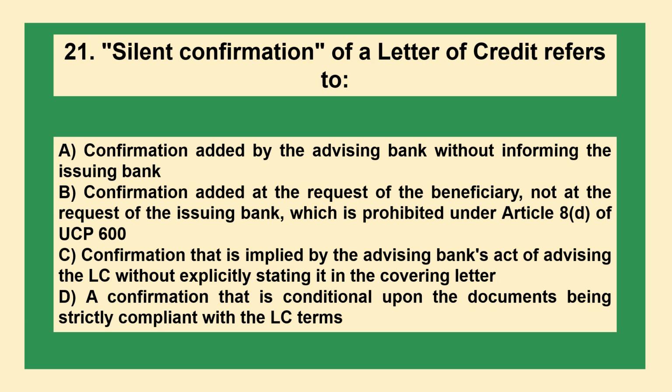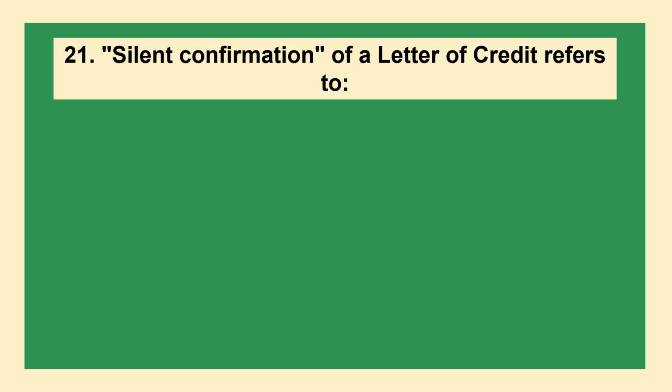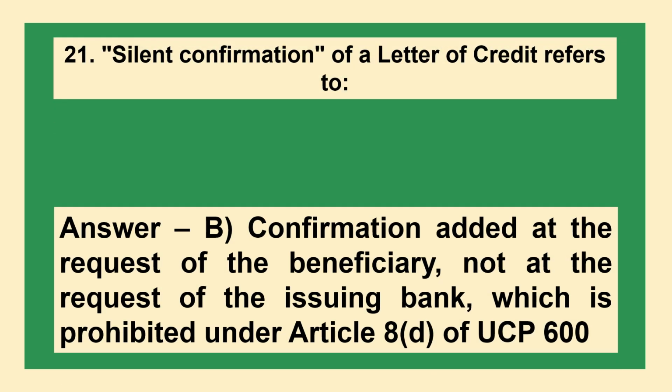D, a confirmation that is conditional upon the documents being strictly compliant with the LC terms. The answer is option B, confirmation added at the request of the beneficiary, not at the request of the issuing bank, which is prohibited under Article 8D of UCP 600.